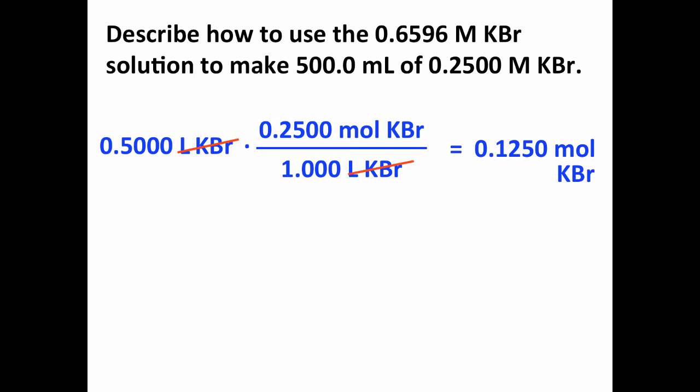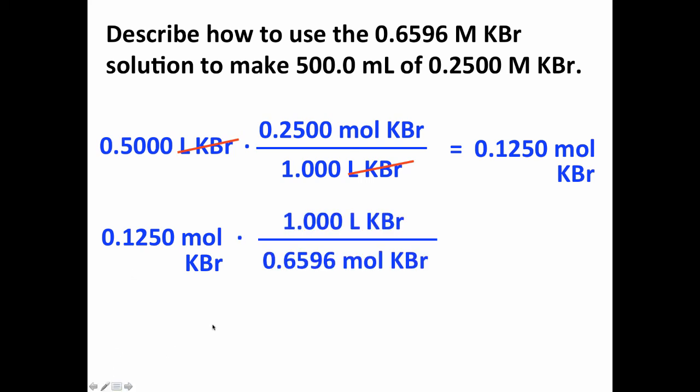Now, where are we going to get that 0.1250 moles of KBr? Well, we'll get it, of course, from the more concentrated solution. And so what we do is we say, well, we need 0.125 moles of KBr. The more concentrated solution has 0.6596 moles of KBr per 1 liter of solution. So we can use the molarity value as a conversion factor.